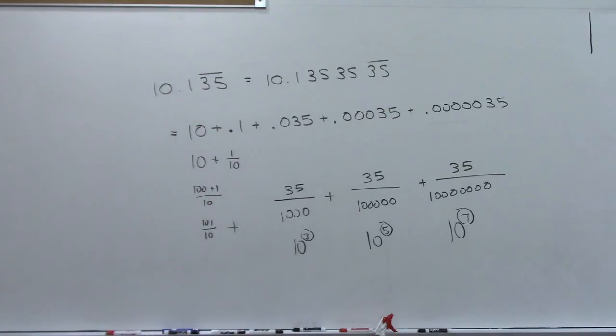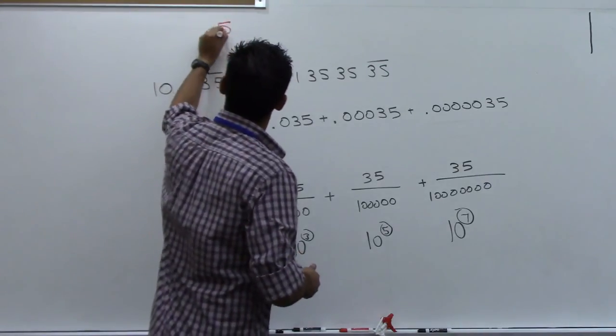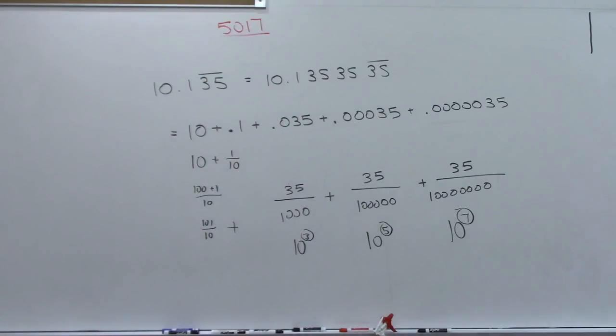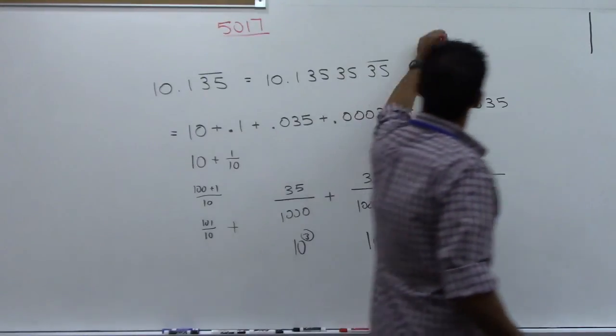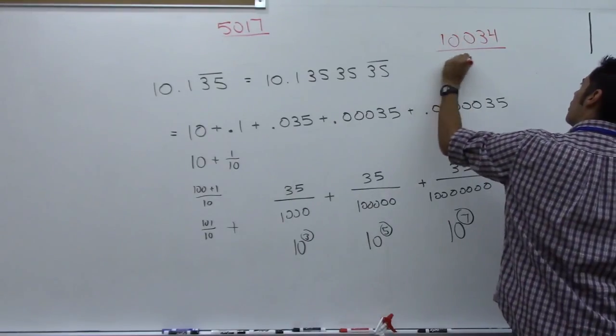It's kind of a challenging one. I'll tell you that the answer to that one should be 5,017 over, oh, well, you know what? Let me write it the way, not reduced. 10,034 over 990.